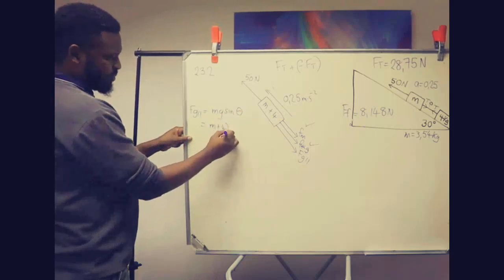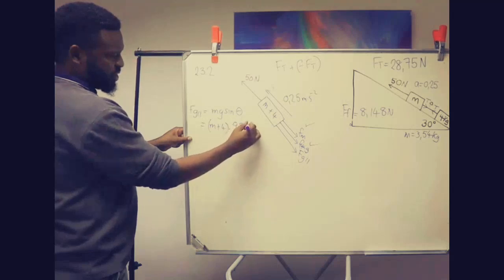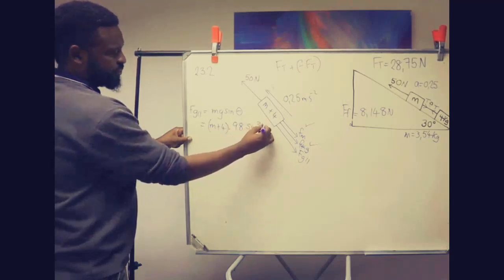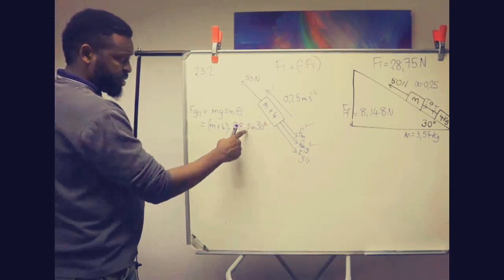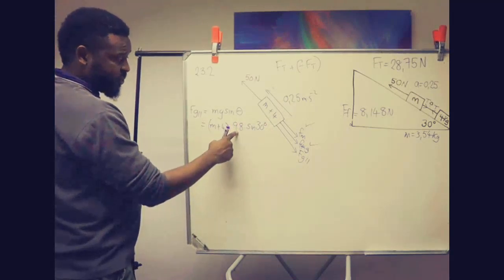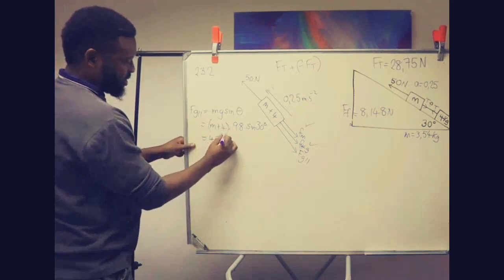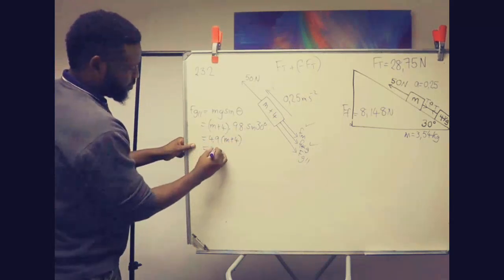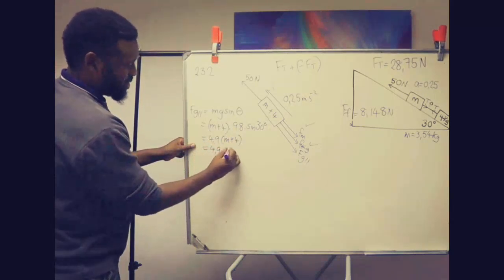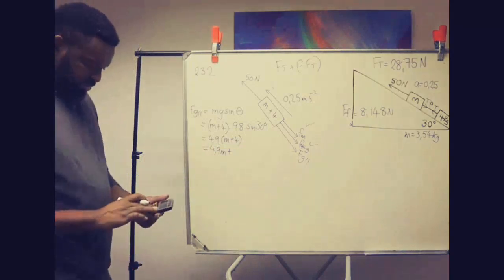It's m plus 4 times 9.8 times the sine of 30. Sine 30 is half. Half of 9.8 is 4.9. Right? So I'm going to have 4.9 into m plus 4. This becomes 4.9 m plus, what's 4.9 times 4?